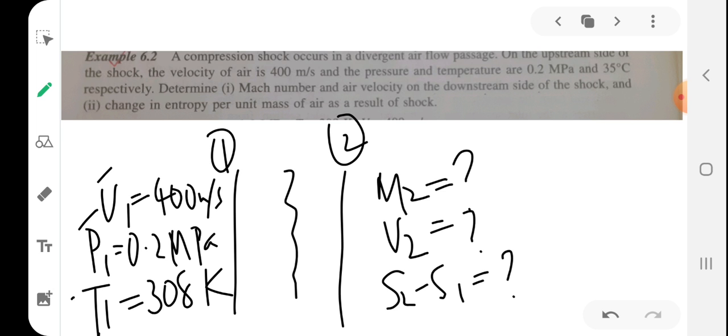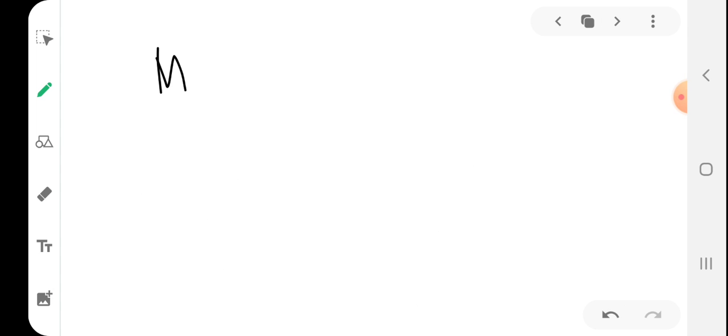So students, in order to find M2, if M1 is known, we can directly find M2. How? Because in our table, the downstream Mach number M2 for the corresponding upstream Mach number is directly given. So how to find M1? M1 is nothing but V1 by A1.